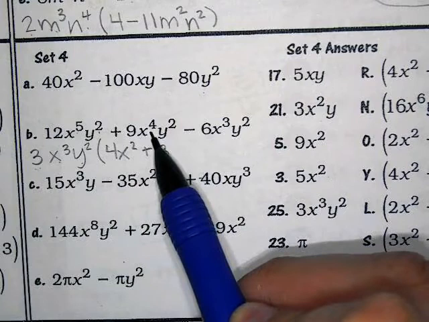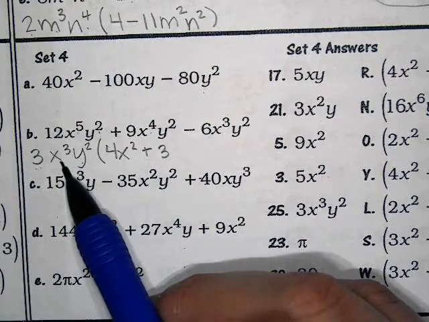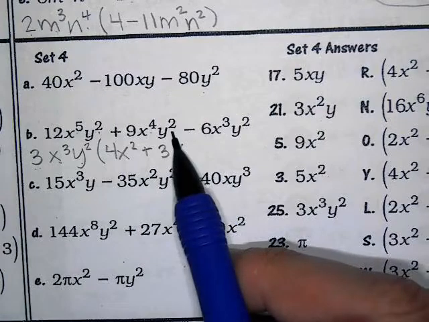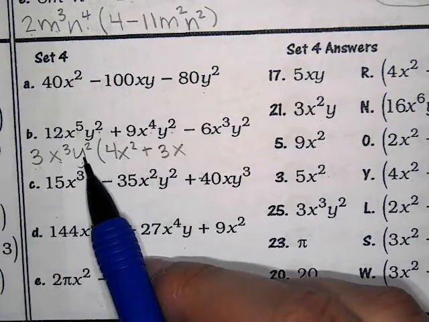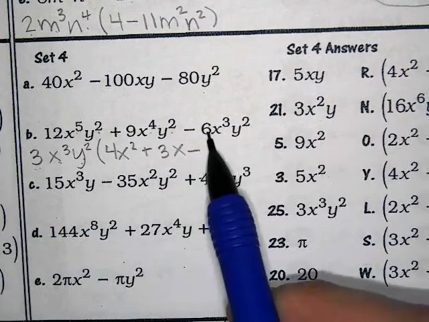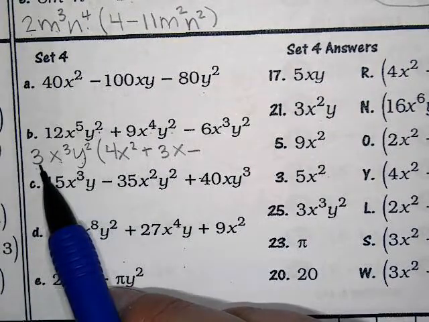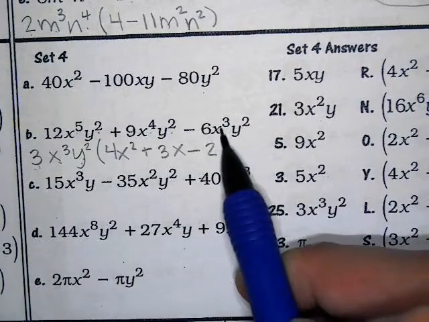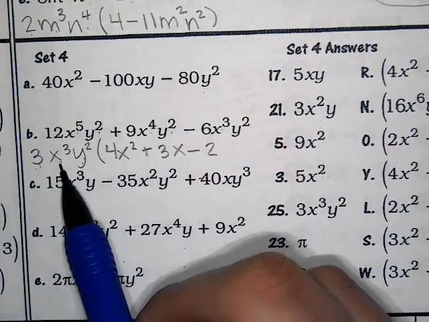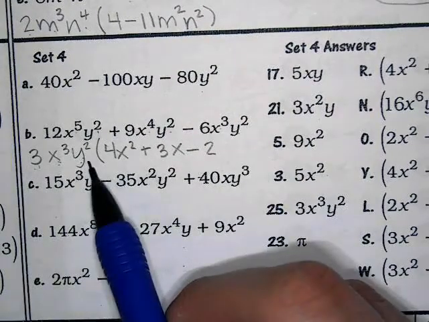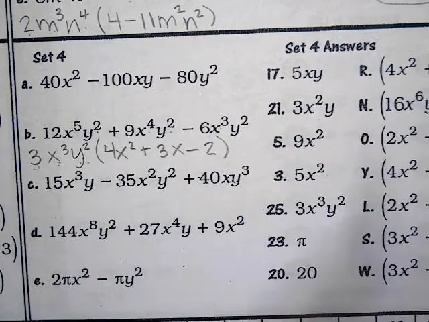So 1. We had a y squared. We took it out, so we don't have to write it at all. 6 divided by 3, 2. We had 3. We took it out, so none. We had a y squared. We took it out, so none. Okay. So 3x to the third, y squared.